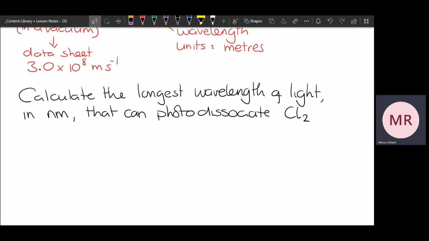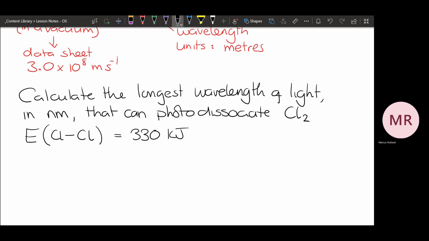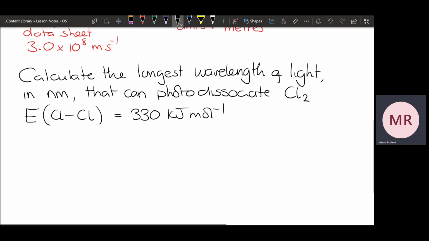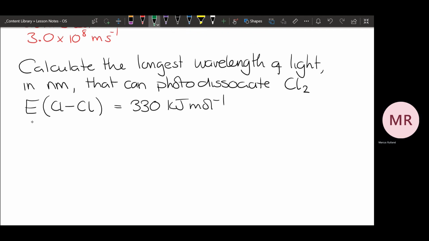And then it would tell you that the bond strength of the Cl-Cl bond is 330 kilojoules per mole. So this is the bond enthalpy. Remember, bond enthalpy is the energy required to break 1 mole of a bond in the gas state.